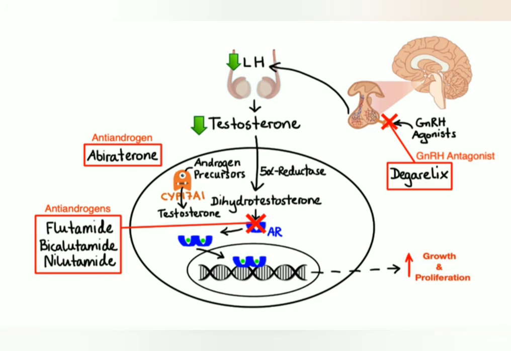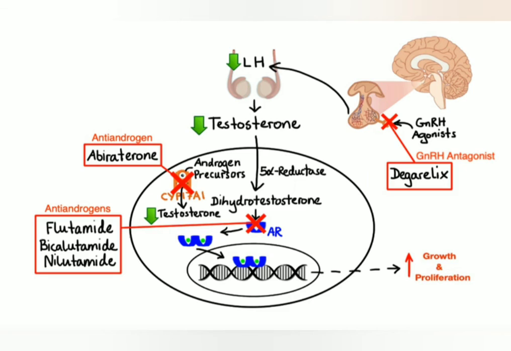Abiraterone works simply by inhibiting CYP17A1 enzyme, thus disrupting androgen synthesis, thereby reducing serum levels of testosterone and other androgens within these tissues, and ultimately leading to shrinkage of hormone-sensitive prostate cancer cells.